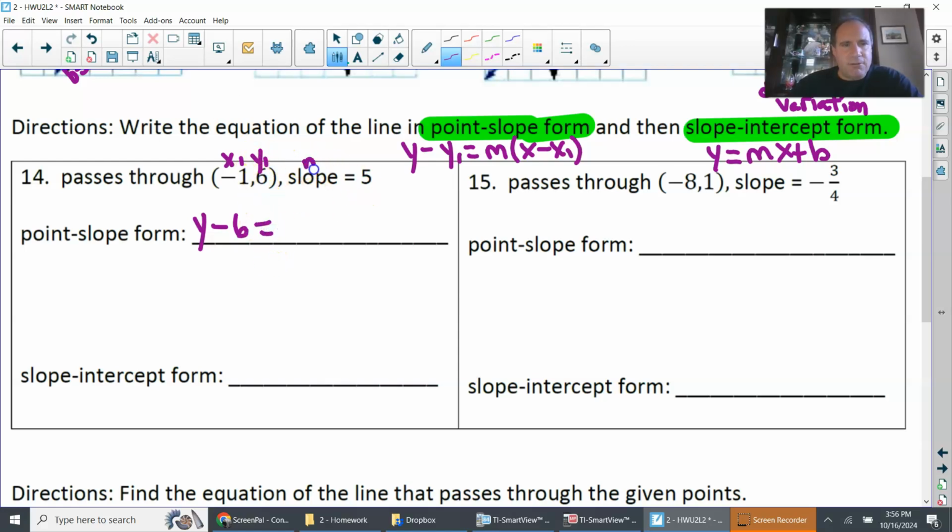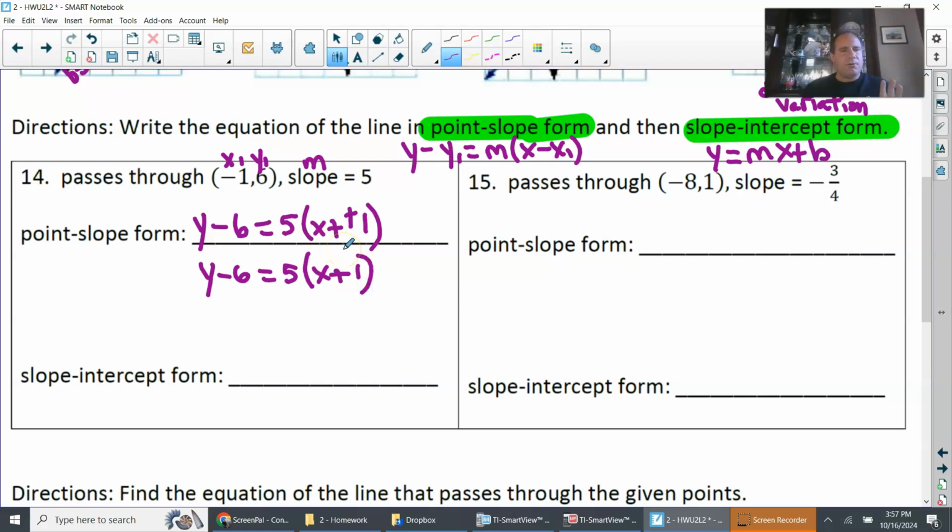They already gave you what the m is, 5, substituting the numbers in. X stays x, minus x1 is -1. Please, please, when you see minus a negative, two negatives in a row, convert it to positive. That is the answer. Point-slope form is y minus 6 equals 5 times x plus 1.